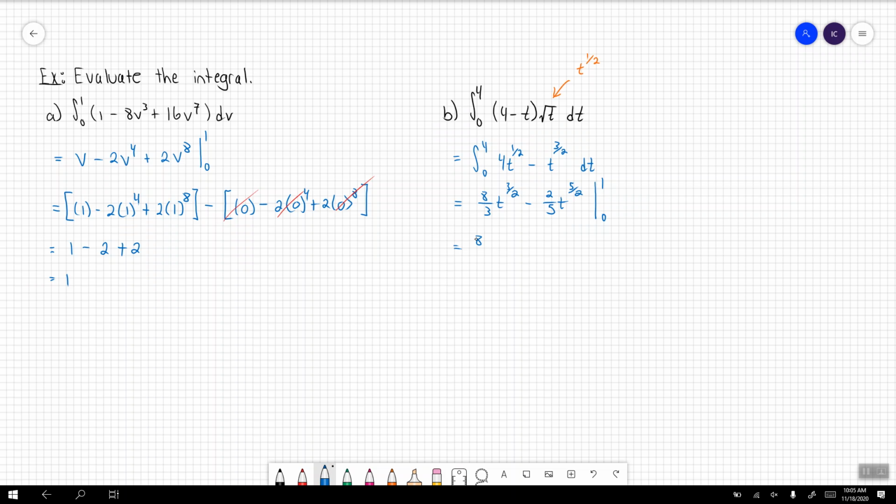In doing so, we take 8/3 t to the power of 3/2, where t is 1, minus 2/5 times 1 to the power of 5/2, minus the same function evaluated at 0, and there we are.